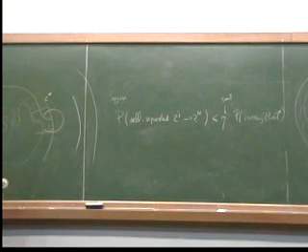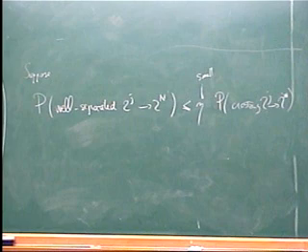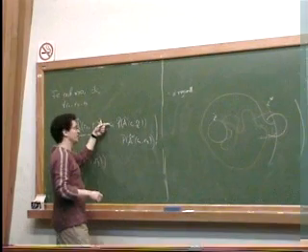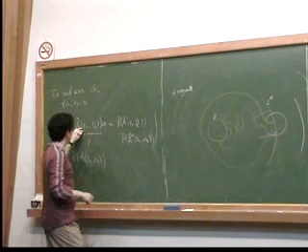Okay? So basically, suppose that you don't have a nice lower bound on the ratio between this and that.